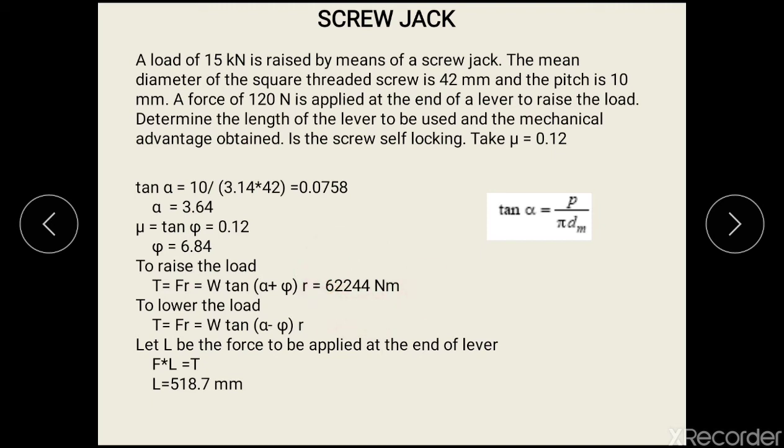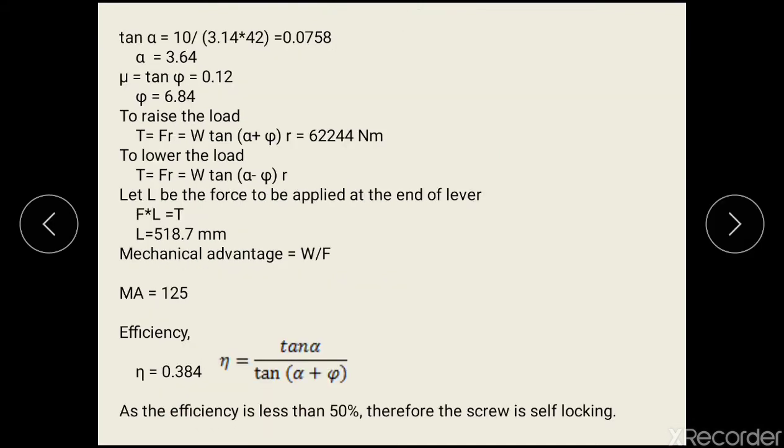Then from the formula, we can easily find the length required. The torque value is a known value, the force is 120 Newton. By substituting these values, we find the length required to lift the load, 518.7 mm. Second, mechanical advantage.